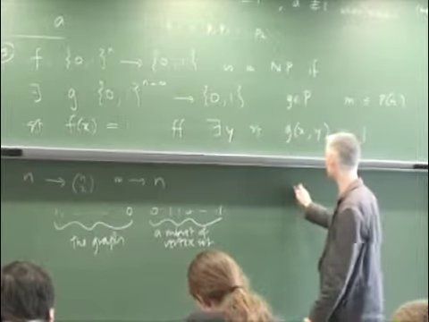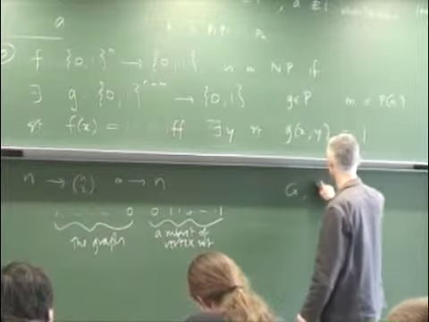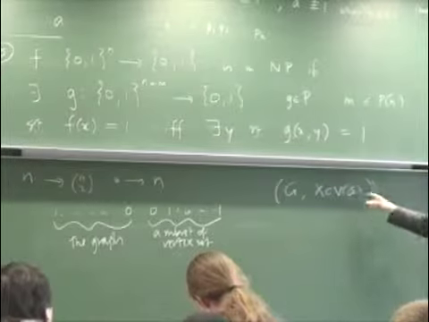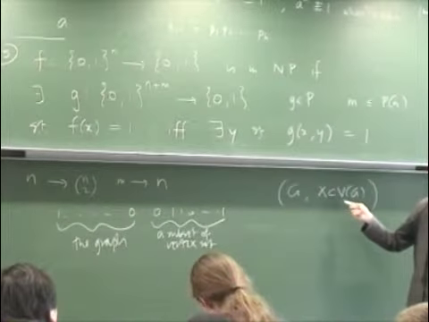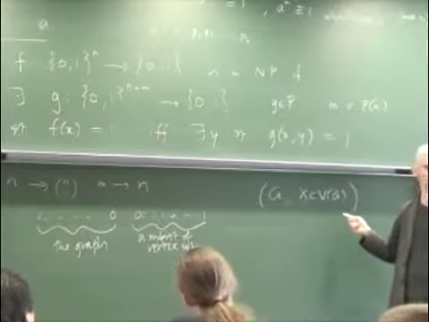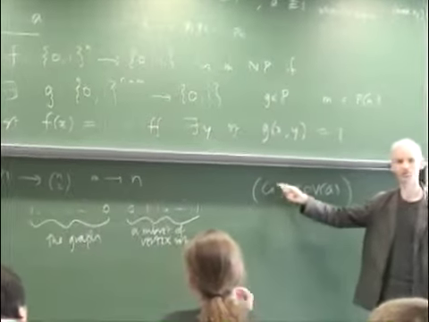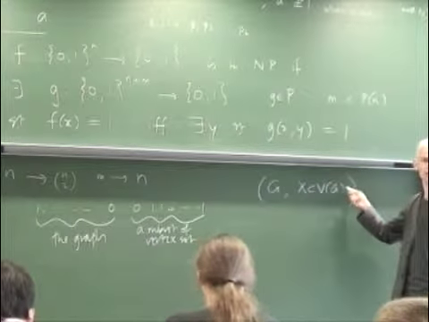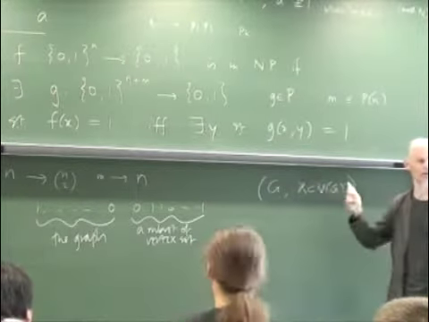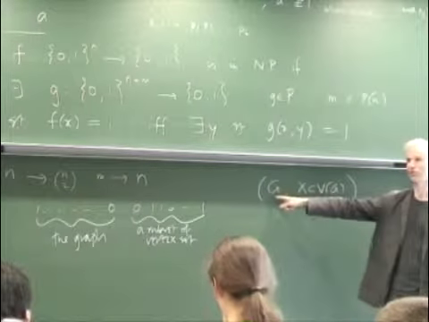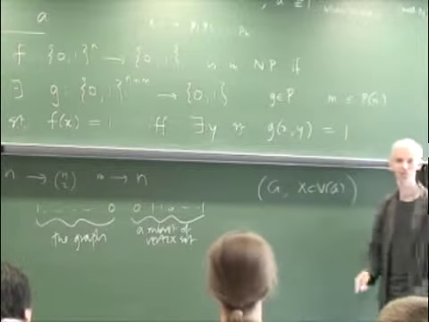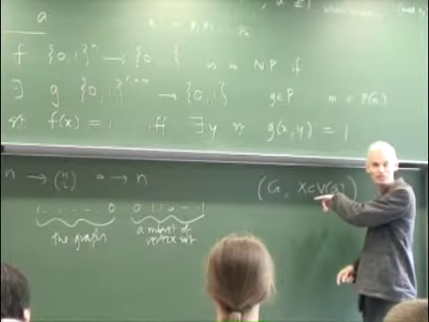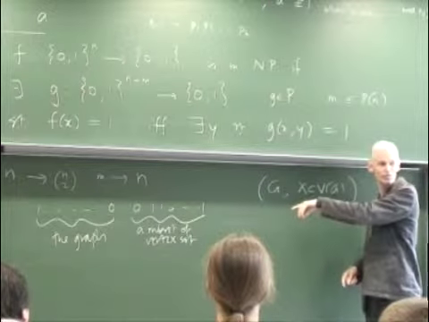I can ask a question about something slightly bigger, a pair, graph and subset of vertex set, ask a trivial question about that, and then the original question I asked about graphs has answer yes if and only if there exists something over here such that the trivial question about the pair has answer yes. So the question, does the graph contain a clique, has answer yes if and only if there is a subset of the vertex set such that the question, is this subset a clique, has answer what? Has answer yes.